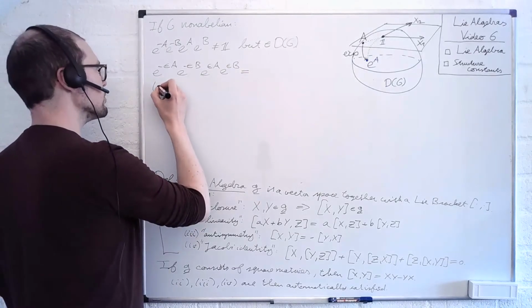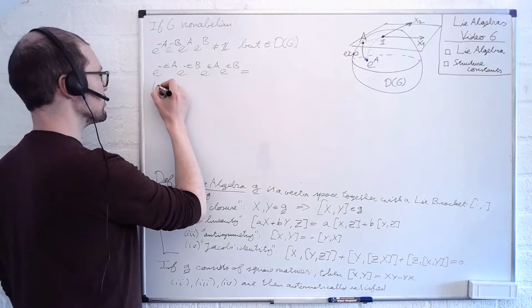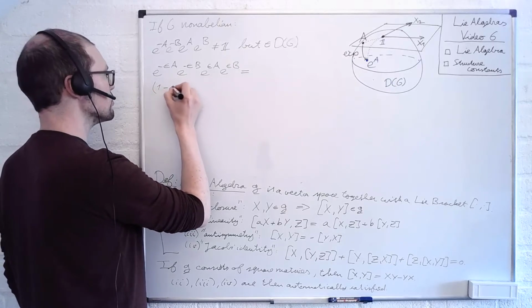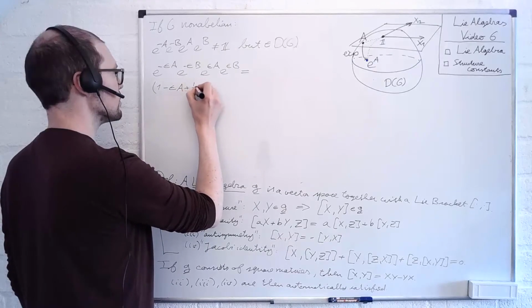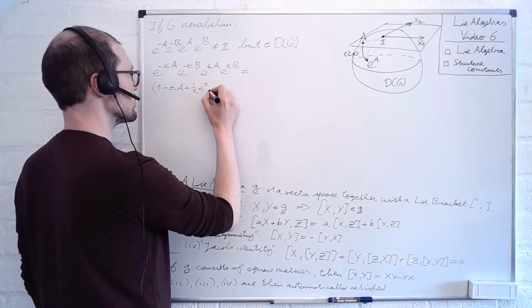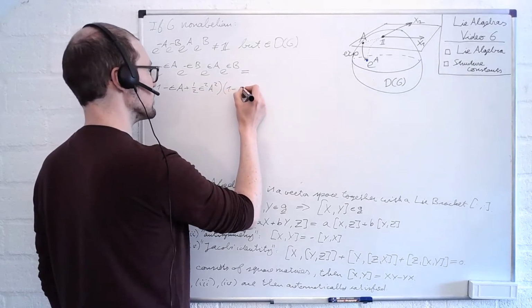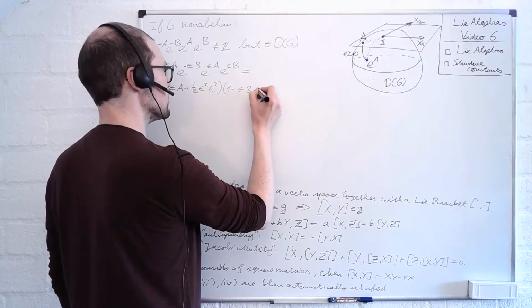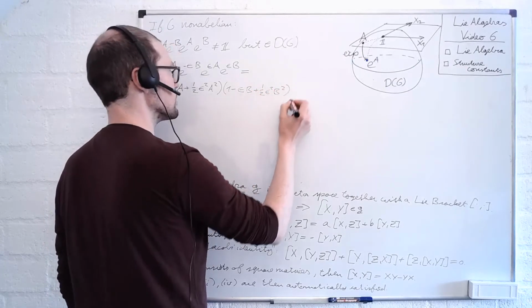Here we're going to expand these exponentials using the definition of the matrix exponential to second order in epsilon. So for the first factor I get this, and for the second factor I get minus epsilon b plus 1/2 epsilon squared b squared.